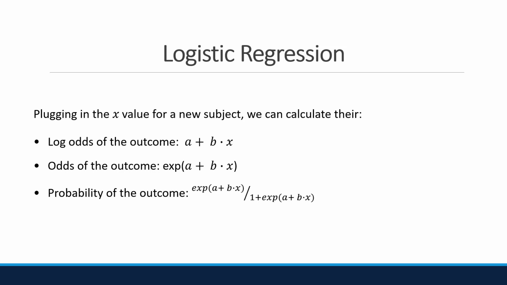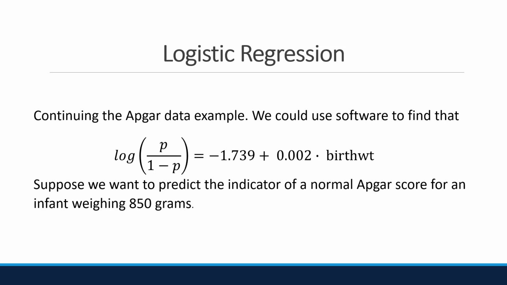So going back to how does this help us make predictions? Plugging in the x value for a new subject, we could calculate their log odds of an outcome, the odds of an outcome, or the probability of an outcome by using these functions. Continuing the APGAR example, we could use software to find the following. Suppose we want to predict the indicator of a normal APGAR score for an infant weighing 850 grams.